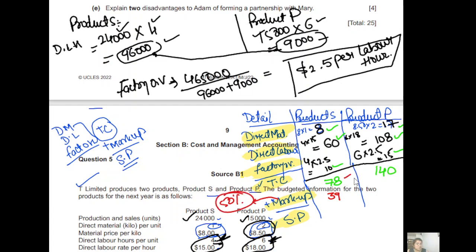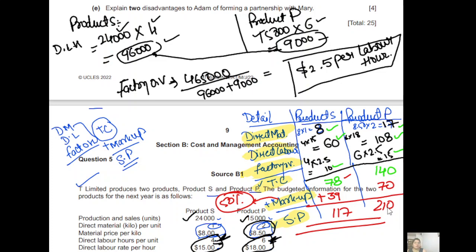Then 140 into 50% is 70. Then you add these to find your selling price: 78 plus 39 makes 117, and 140 plus 70 makes your selling price 210. I think you are able to understand this.